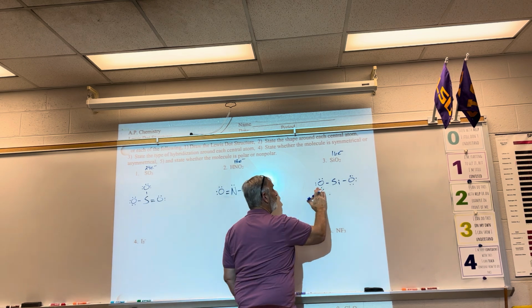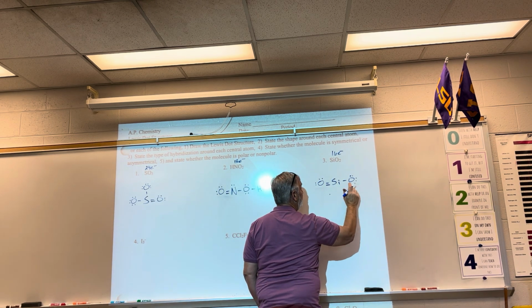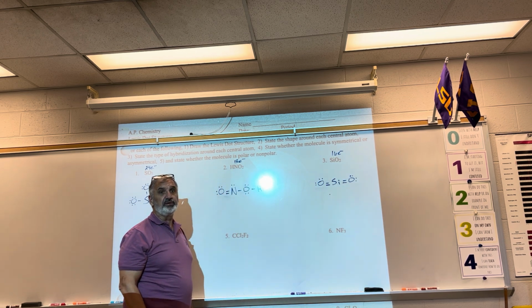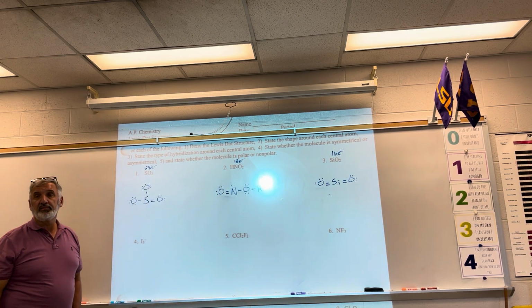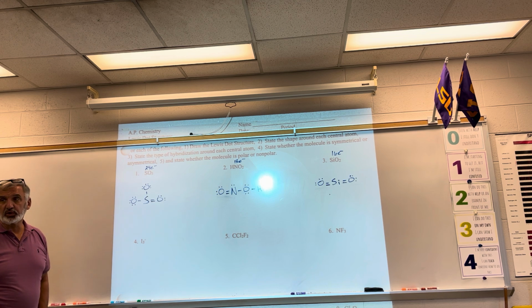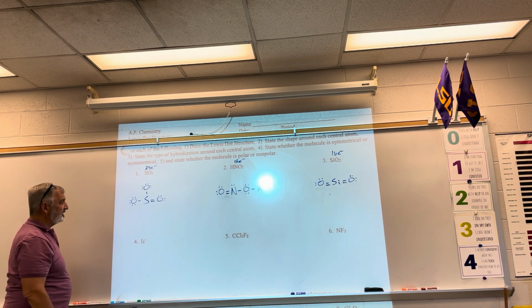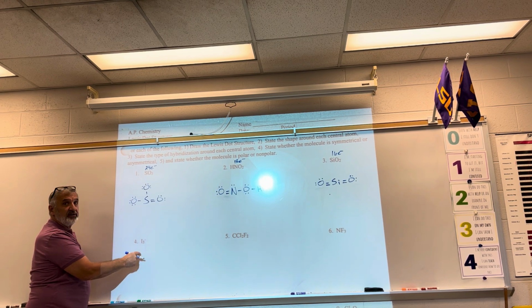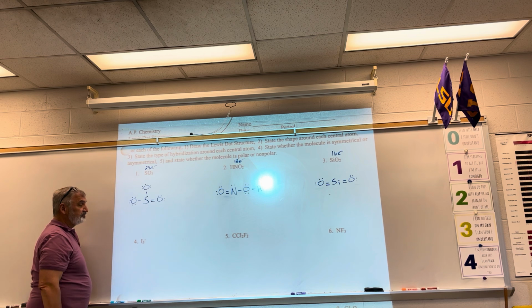So I'm going to spread the wealth. I'm going to form a double bond there, and a double bond there. SiO2 happens to be sand or quartz. Now, this is the space for it, but just so you can see better, I'm going to draw these above it instead of below it.